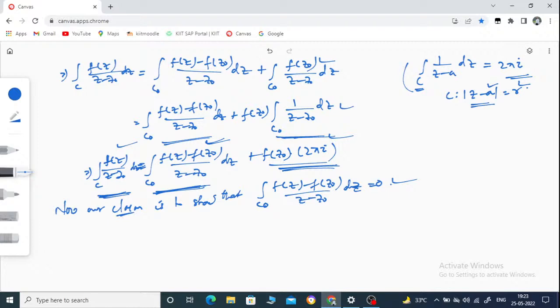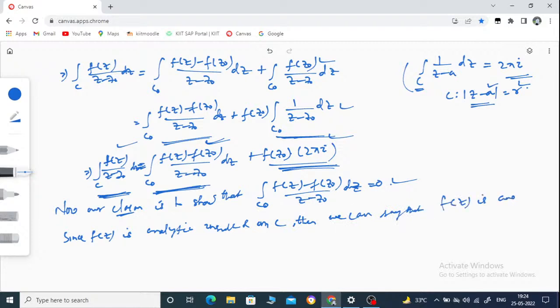Since f of z is analytic inside and on C, we can say that f of z is analytic at z0 because z0 is lying inside C. So since f of z is analytic, f of z is differentiable, and also f of z is continuous at z0.